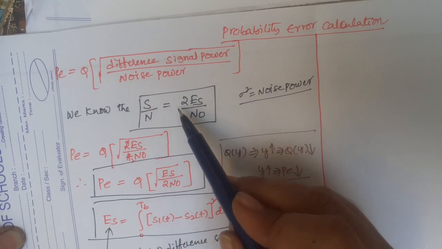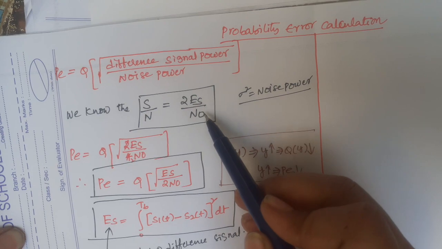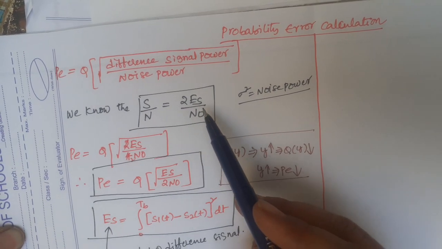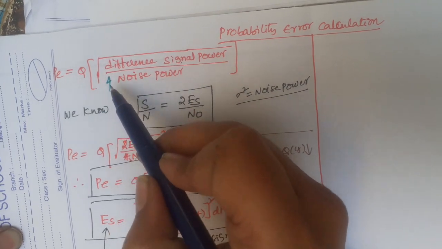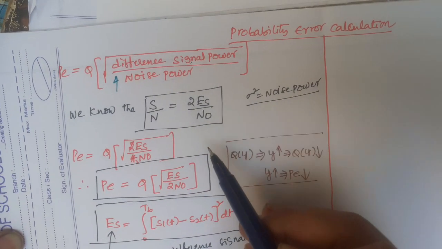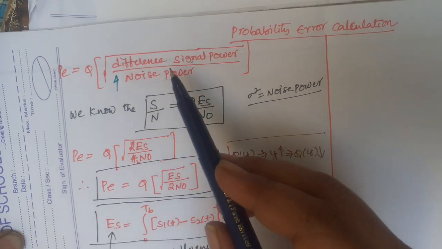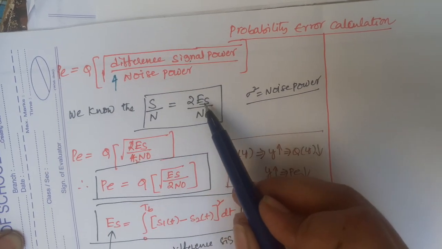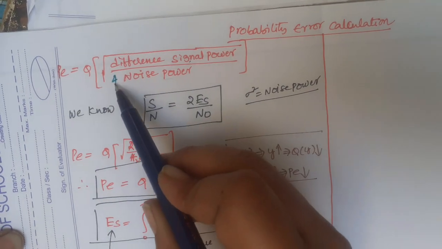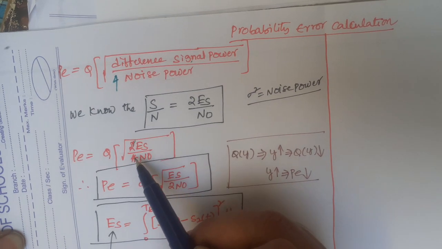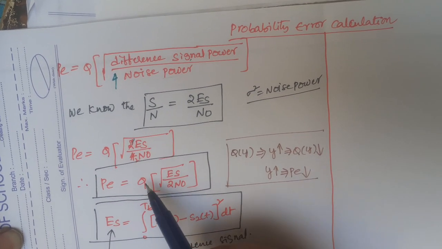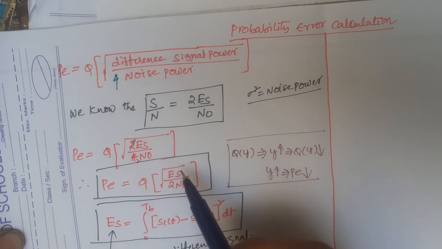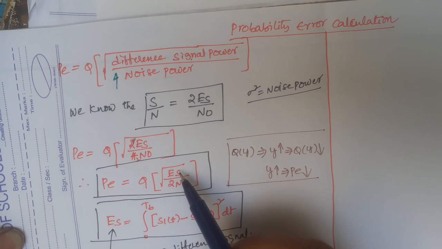S by N is equal to 2 into Es by N naught. Just substituting this signal power by noise power, here the signal to noise ratio is 2 Es by N naught, here 4. So 2 2s are 4. So the probability of error equation is equal to the Q function of the difference signal by 2 N naught.